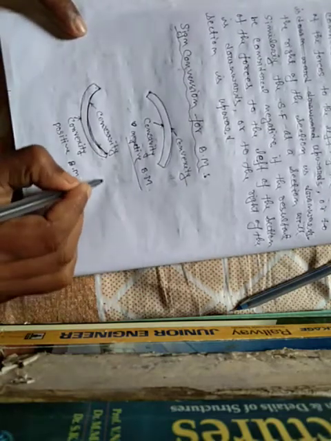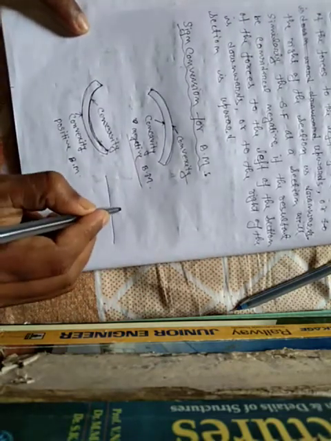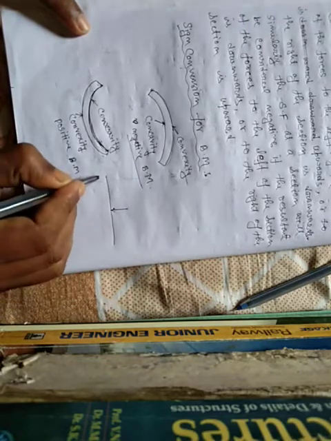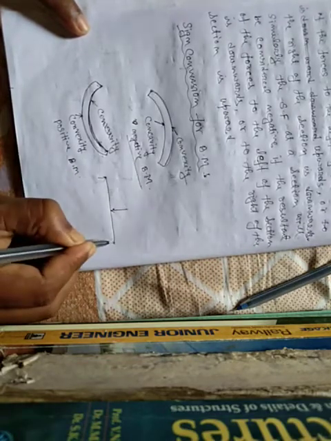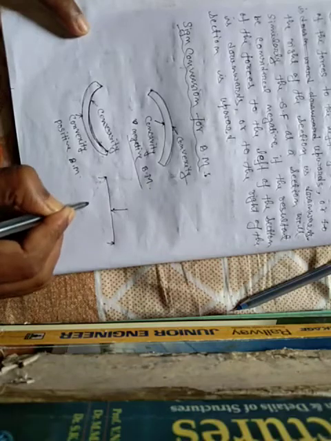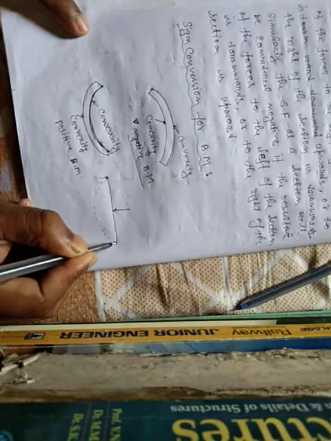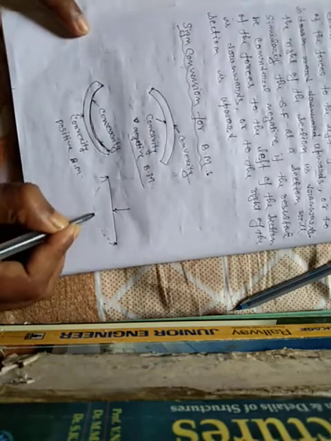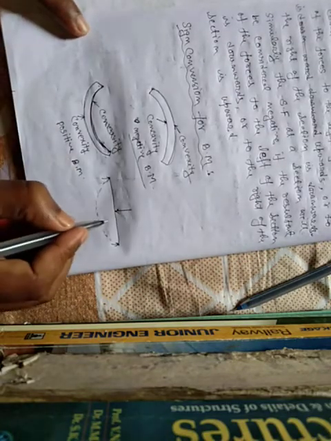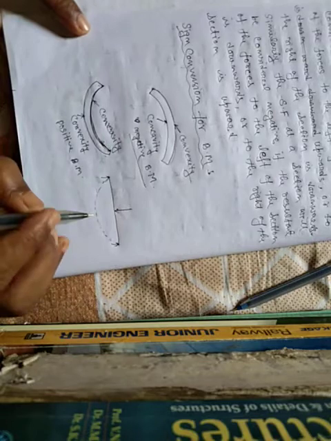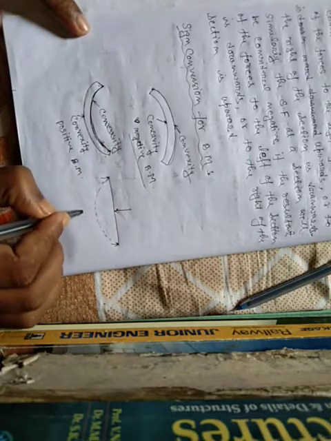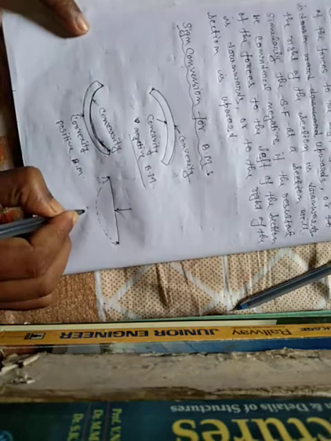So in the simply supported beam, if the load is applied, it may bend like this, that means concavity shape. So in this case the bending moment is positive, never negative.